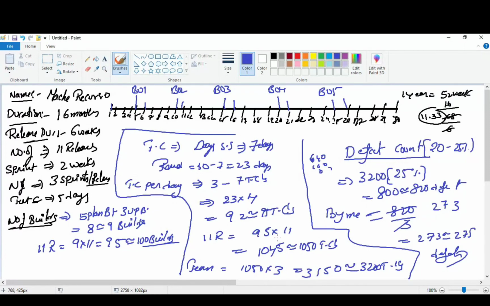Jyoti, sprint is only an iteration. Whatever you have learned in manual testing, the release process is different. There you learned sprint and release are the same, but here sprint and release are not the same. Sprint itself is an iteration.